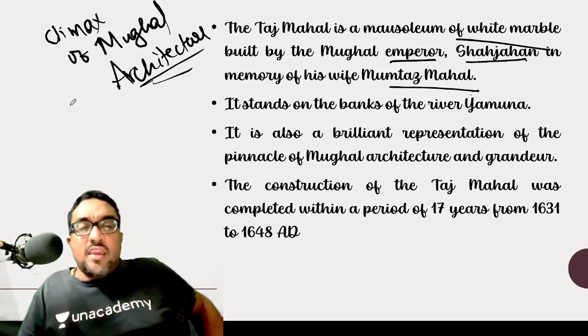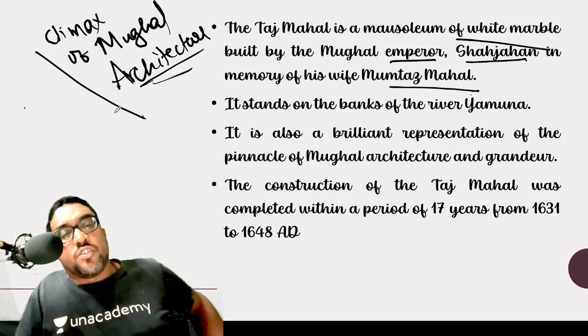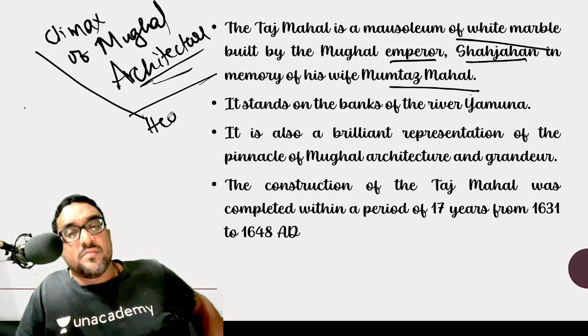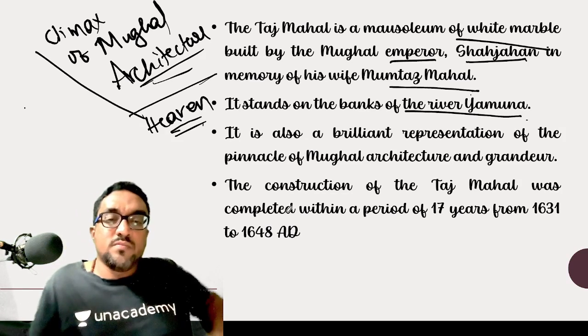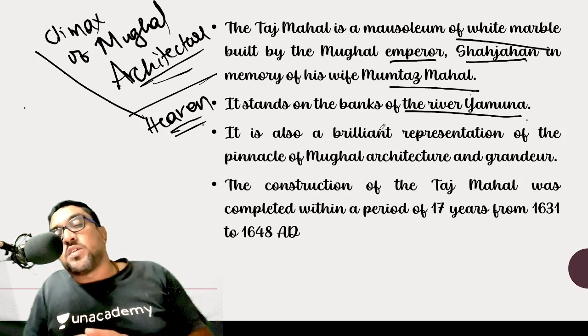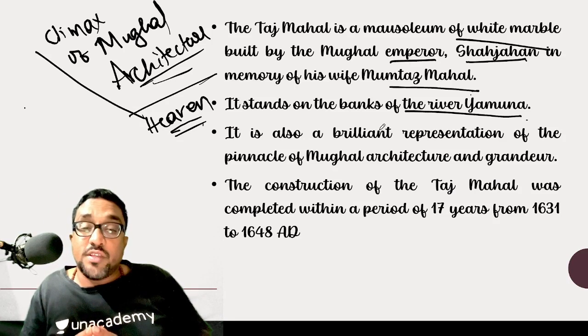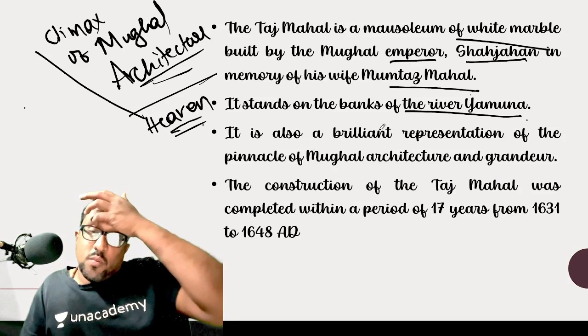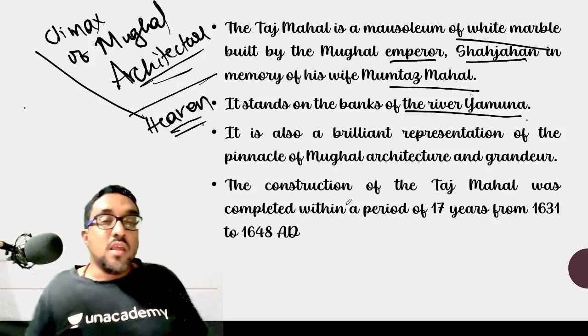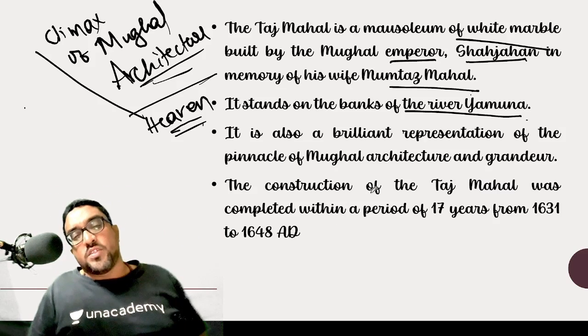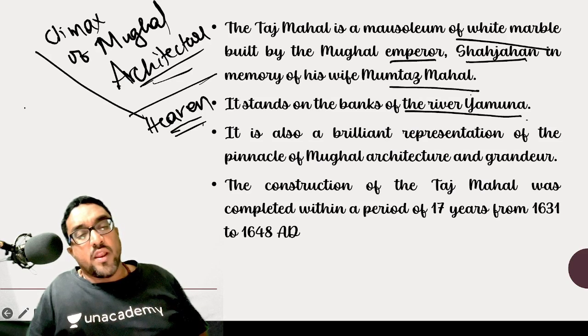It's actually an earthly replication of Jannat or heaven. It stands on the banks of River Yamuna. The construction of Taj Mahal was completed within a period of 17 years, starting 1631 and going up until 1648. Taj Mahal is a brilliant representation of the pinnacle of Mughal architecture and Mughal grandeur.